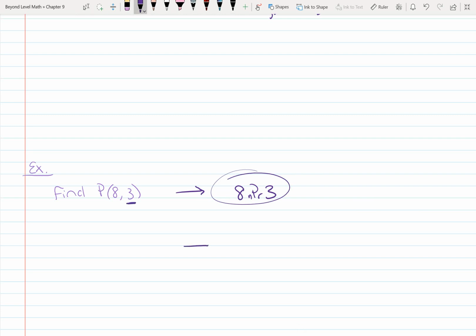The second number is the number of lines, so 3. I know I'm multiplying. And then I'm starting with the 8. Order matters, I can't use the same one, so it's 8, 7, 6. And 8 times 7 times 6 gives us 336. If you do your 8 nPr 3, you should get the exact same answer.